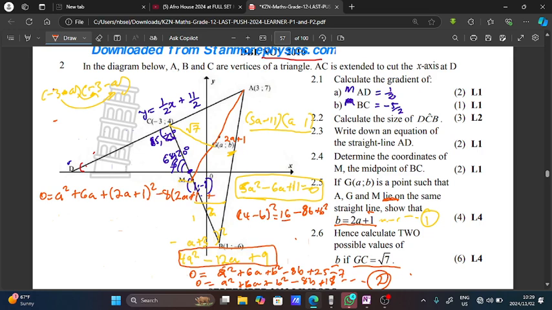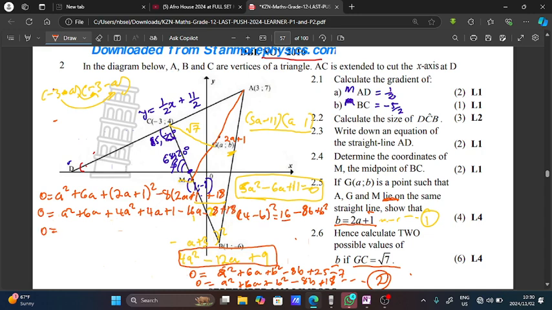Now let's see, 0 equals a squared plus 6a, plus 4a squared plus 4a plus 1, then minus 16a minus 8, plus 18.